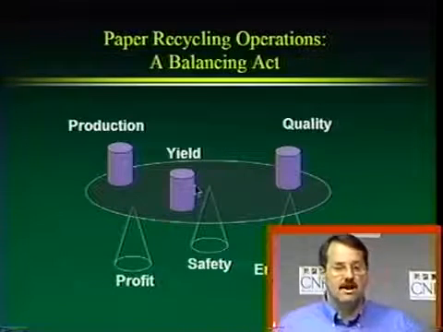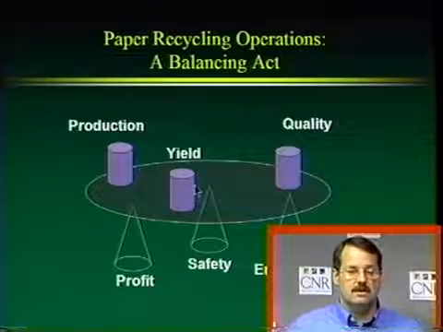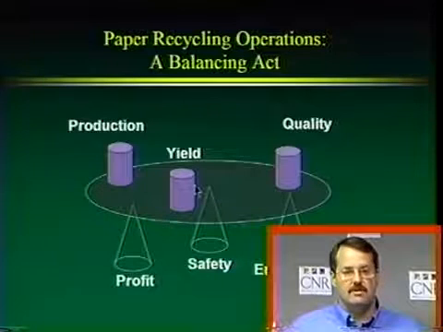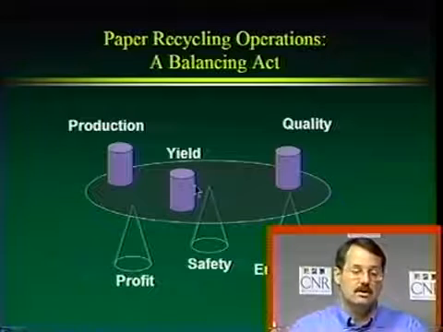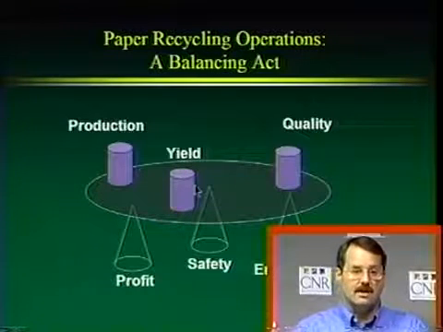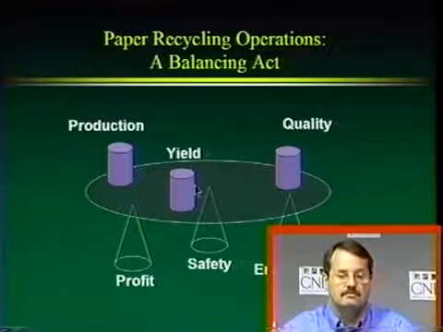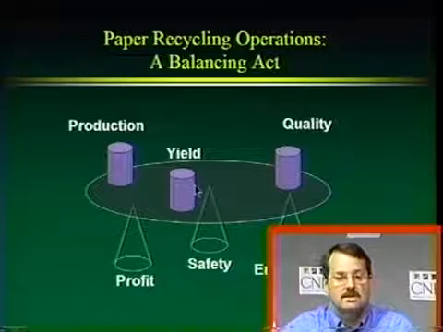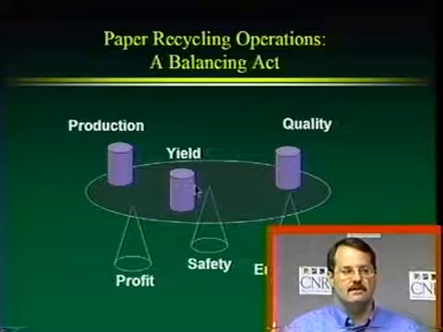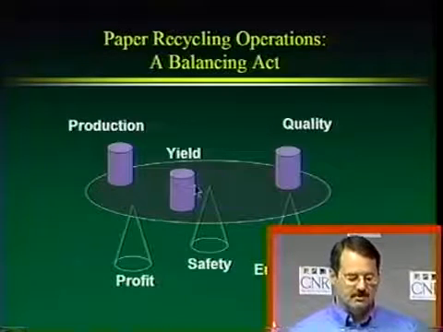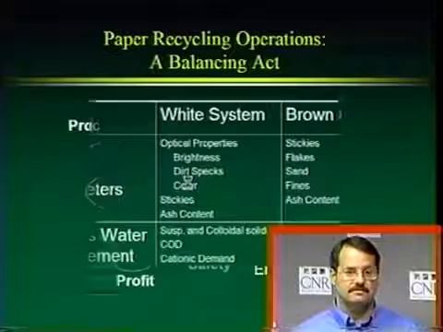And then finally, the environmental issues. We cannot be harmful to the environment. So you see that safer operations will have to move that pedestal in a certain direction, or increase profit. We can try to make that our goal and move that in a different way. Or we might have to face some environmental challenges and change the balance of our recycling process by moving the environmental pedestal. So it's a pretty difficult act, and we've got to balance quite a few things.